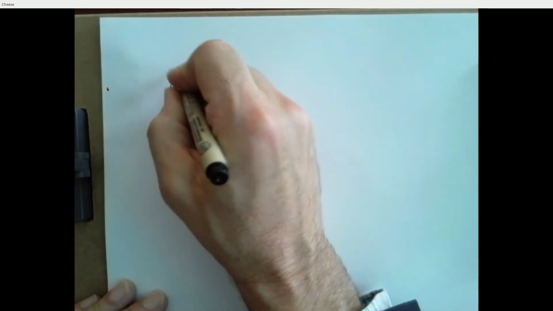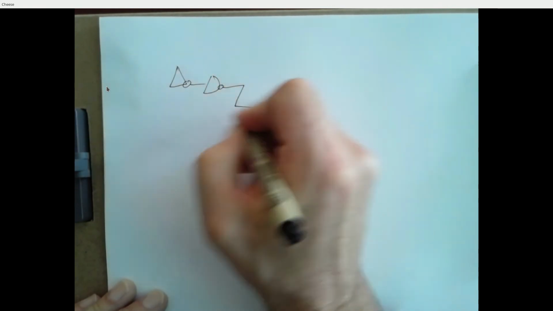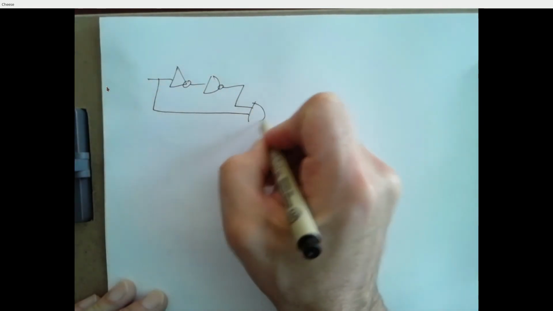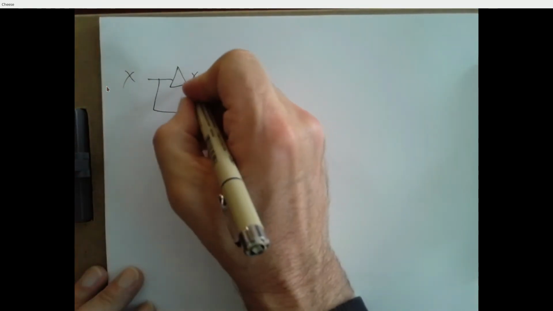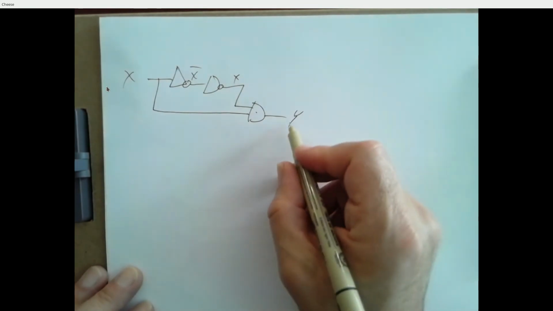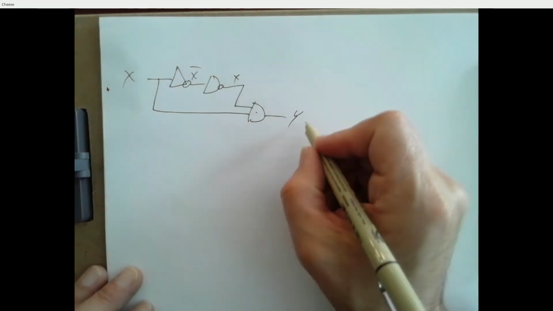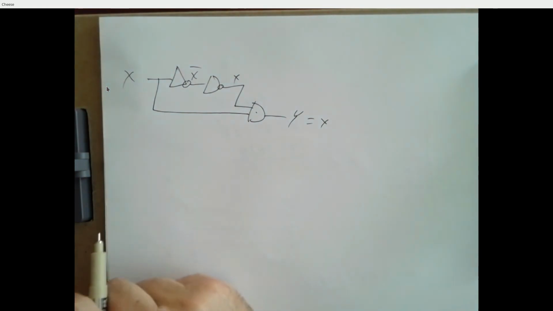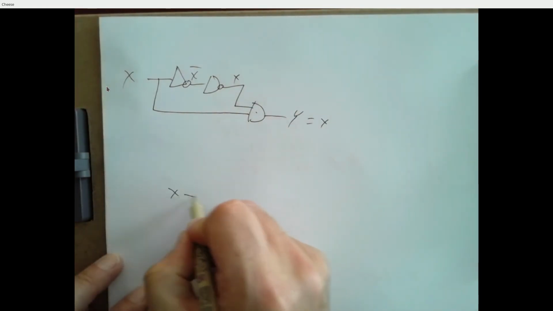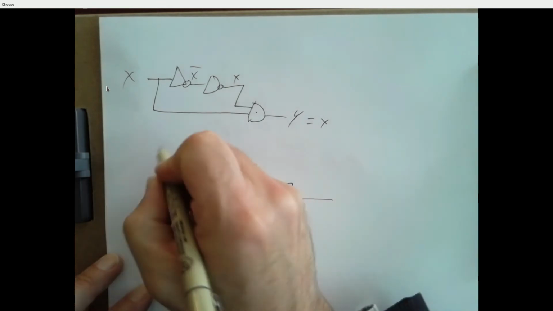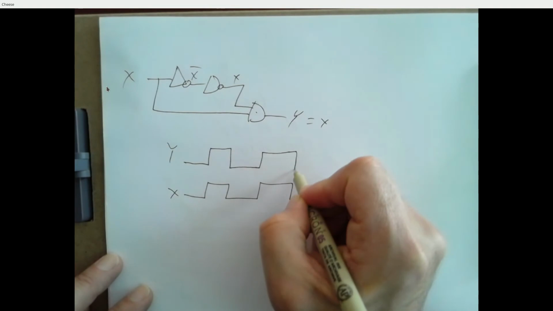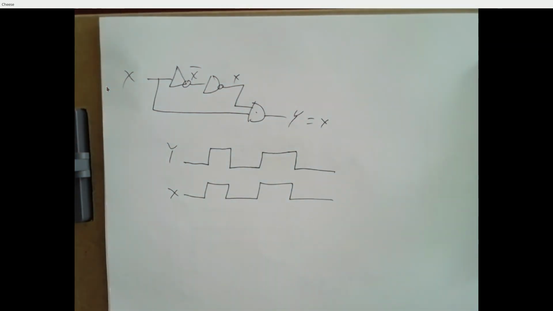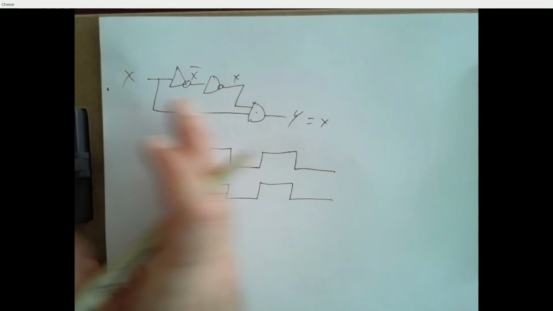So the example we picked on was something like this. This is x bar, this is x again. This should always be equal to x ANDed with x. This should just be the same as x. So whatever x is, you'd expect y to do exactly the same. But if you figure out the propagation delays, you'll see some skew in y.